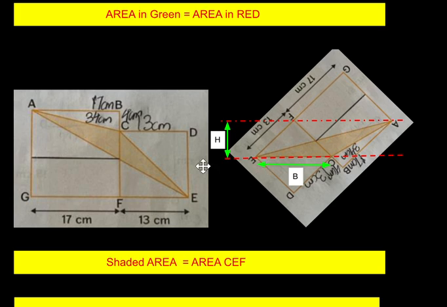For those of you who can see it, if I rotate the diagram and draw two lines that cut diagonally across the small square as well as the bigger square, you will notice that the base of this shaded part is from E and C, and the height is the same, because if I cut across here, point A is the same height as point F. So the shaded area is actually equal to the area of C, E, and F. So instead of having so many steps, you can find the area of C, E, and F, which is actually half of the smaller square, and that will straight away give you the answer.